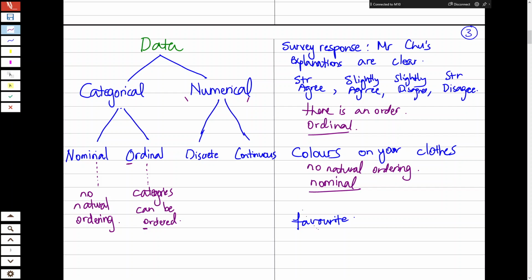There's no natural ordering between noodles and pasta and pizza. Okay, so favorite food, yeah, nominal. You can't really order the responses because there's so many possible ones.